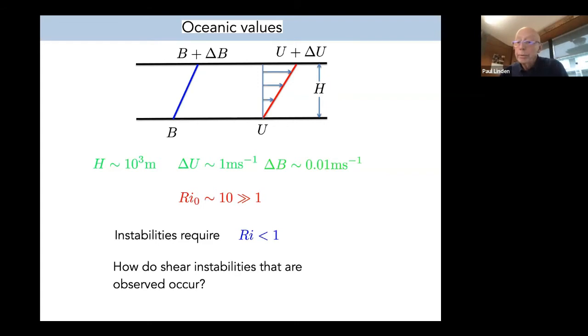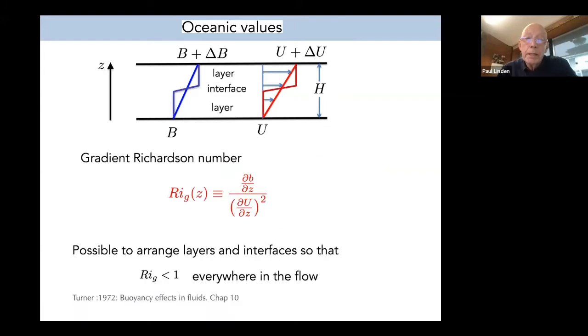So there's a problem. The question is, are there shear instabilities? Because we have seen that we need Richardson numbers less than 1. And so how do shear instabilities that are observed occur? And that's one of the questions I want to address today.